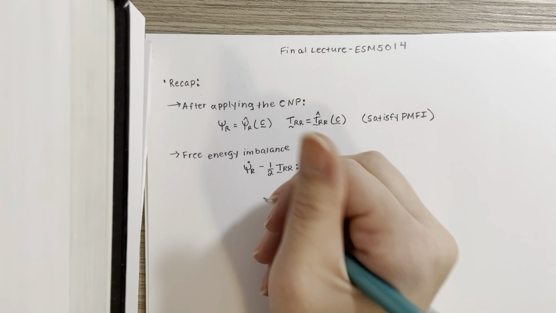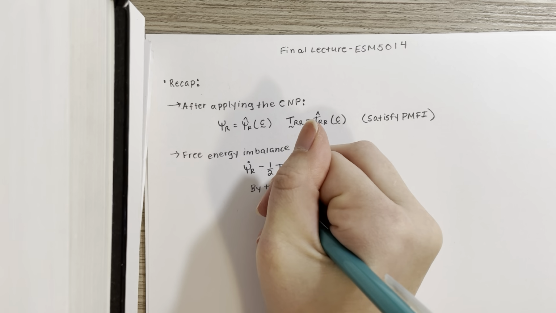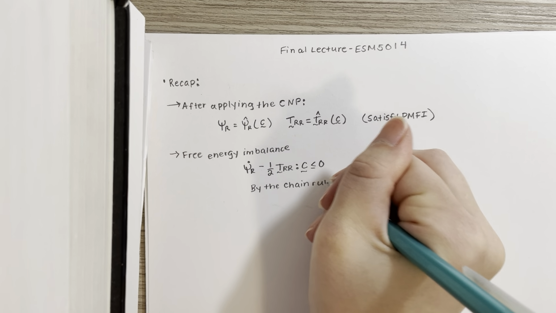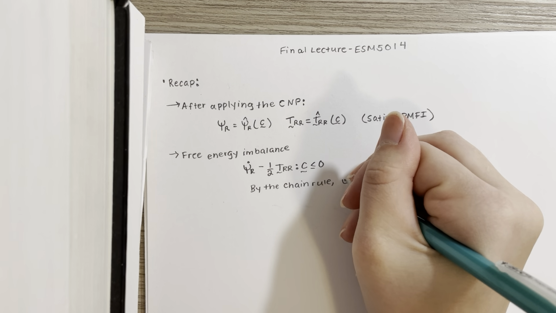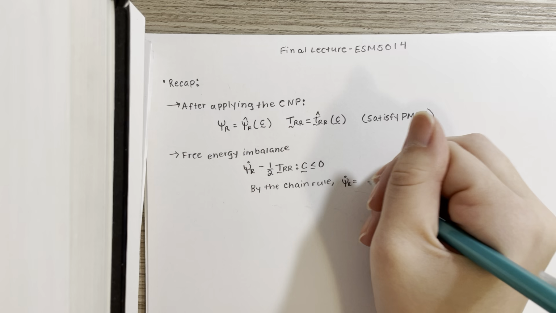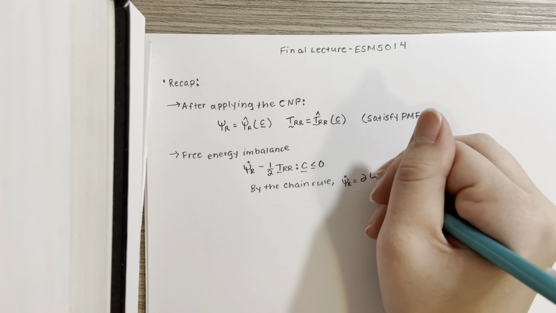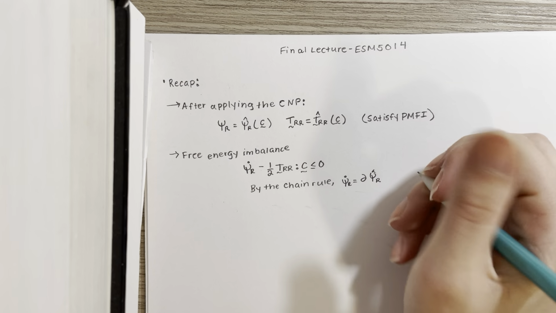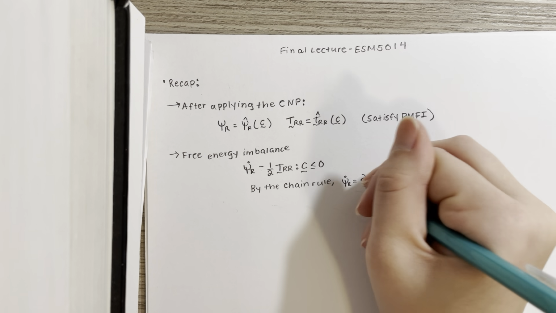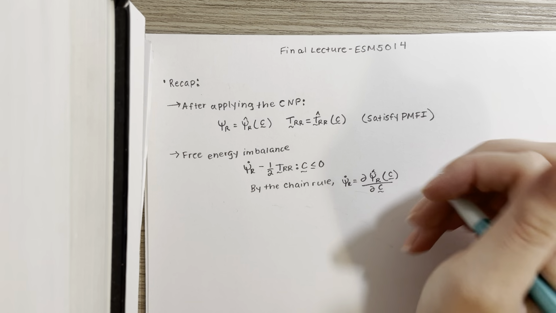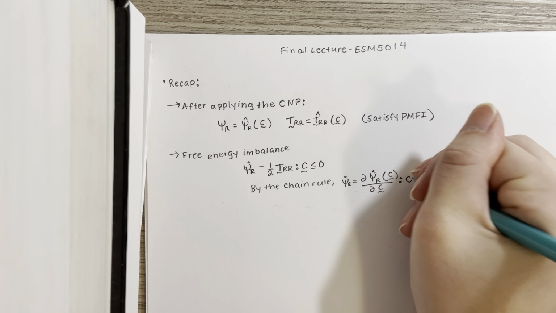Then by the chain rule, phi r dot is equal to the partial derivative of phi r with respect to C, del C, double dotted with C dot.